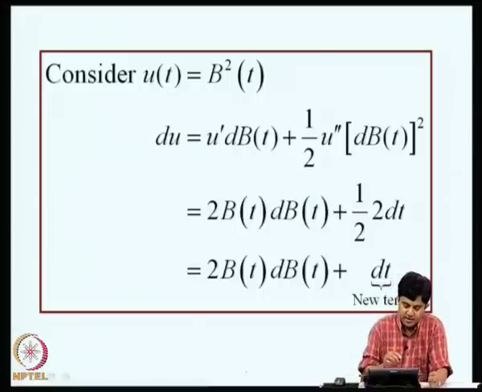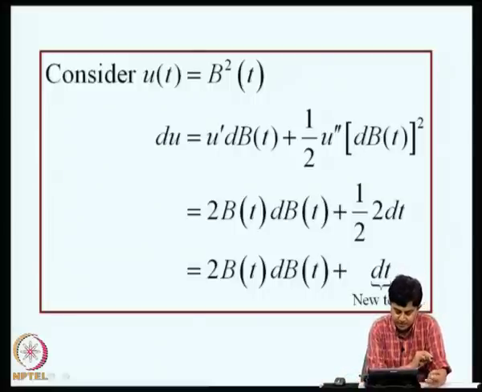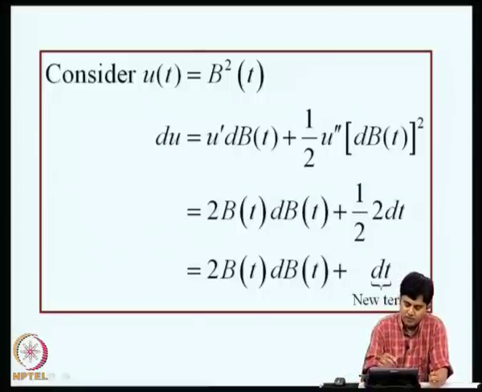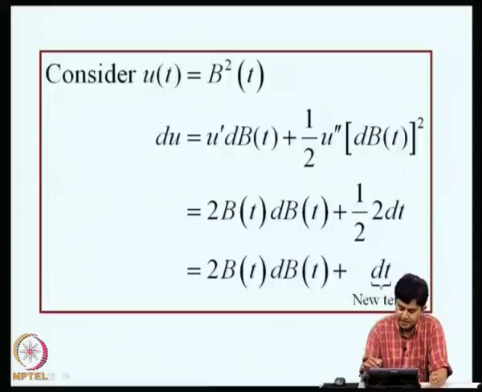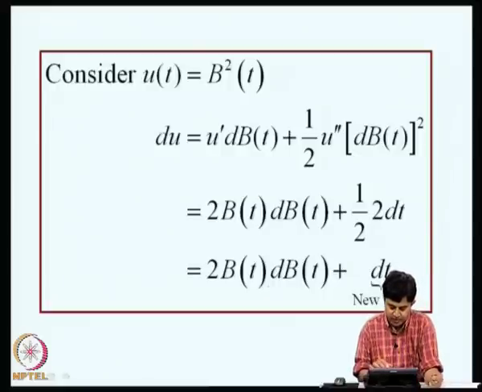Now, as an example, let us consider u of t is B square of t. If I now follow these rules, Ito's formula, I get du as u prime dB of t plus half u double prime dB of t whole square, and now if I use the fact that u is B square, I get this as 2B of t into dB of t plus dt.